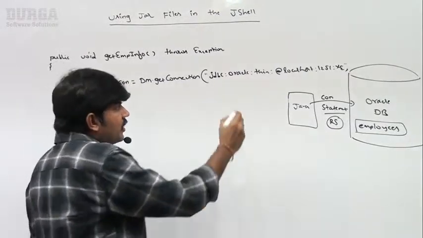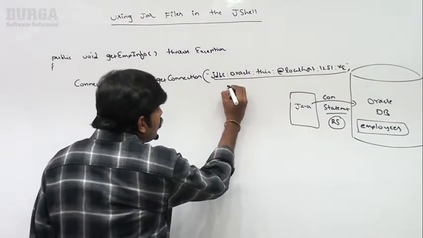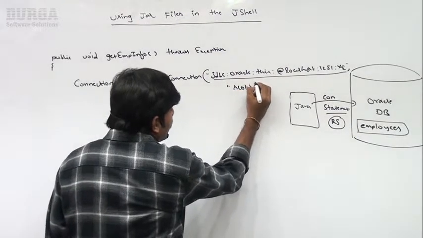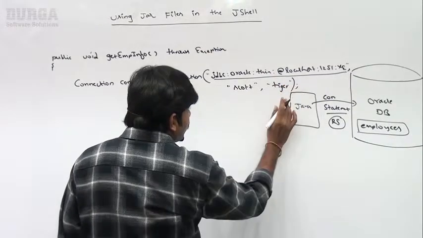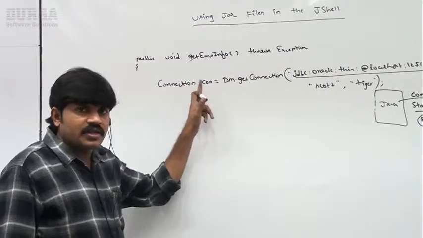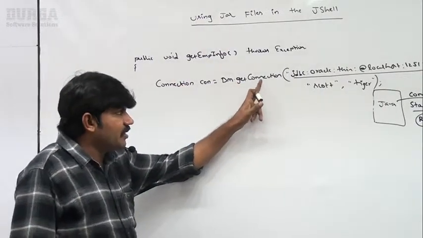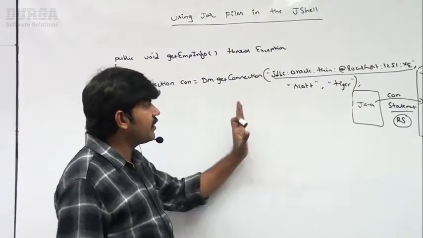This total thing is the JDBC URL, comma, username scott, comma, password tiger. Username scott, password tiger, like this, right? So now I got the connection object. Connection con is equal to DriverManager.getConnection, jdbc:oracle:thin and so on. Sir, I got the connection object, right?